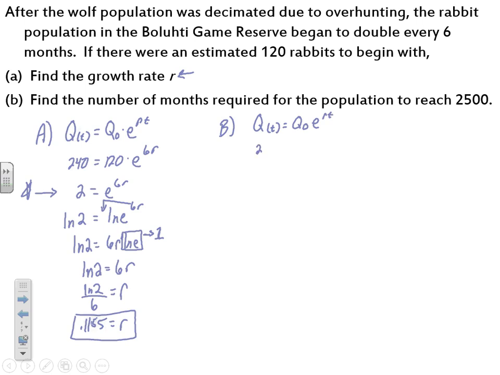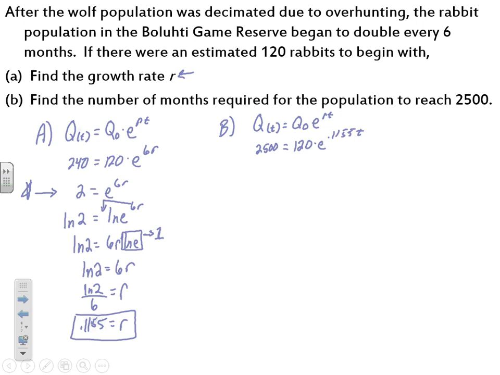In this case, we're going to say 2,500 rabbits, because that's the number that we're looking at, is equal to the initial quantity of 120 rabbits times e to the 0.1155 t, because we know the rate now, but we don't know how much time it's going to take to get 2,500 rabbits.